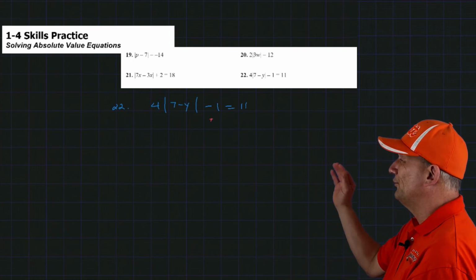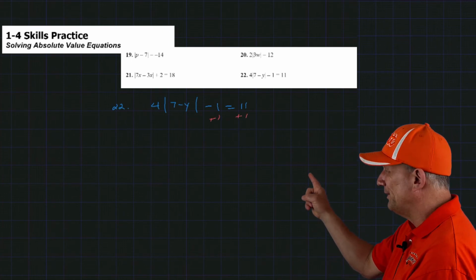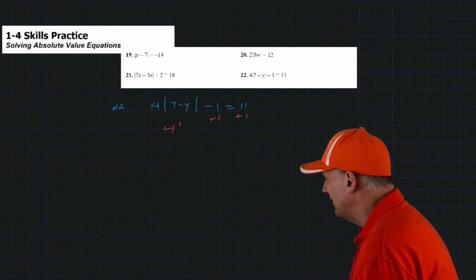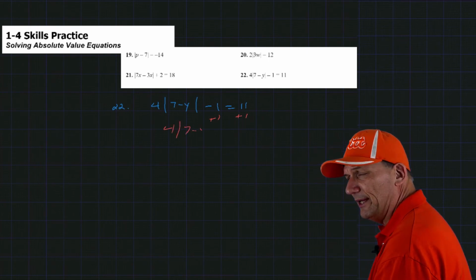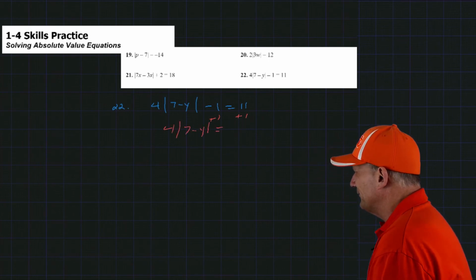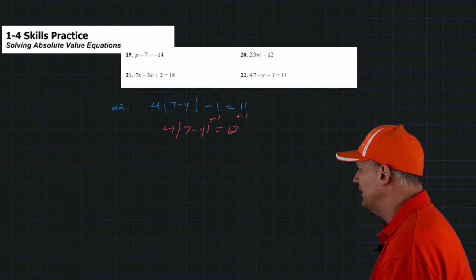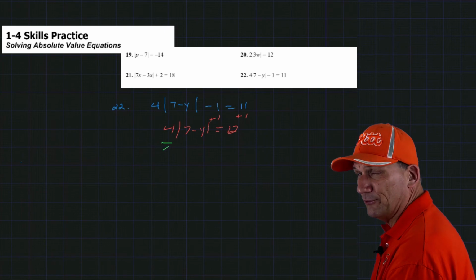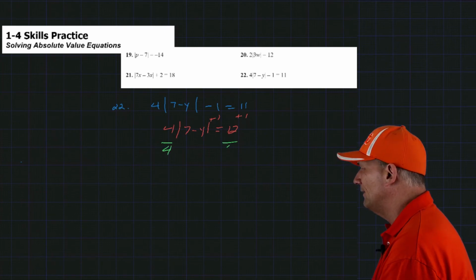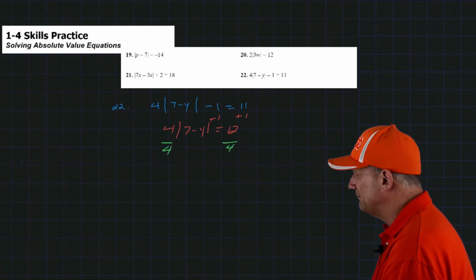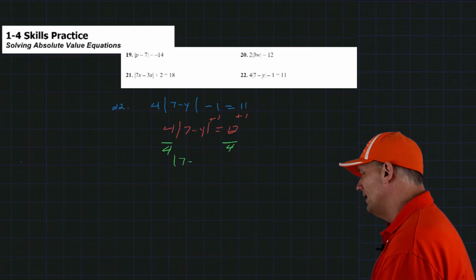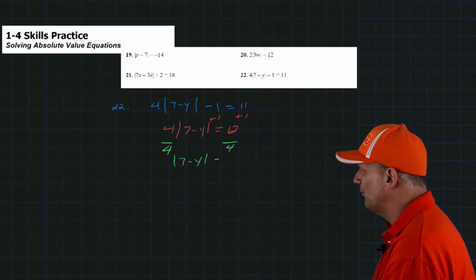So you have to do 2 steps here before you can write this twice to start solving. The first thing we always want to do is any addition or subtraction. So let's add 1 to both sides. Doing the inverse, we get 4 times the absolute value of 7 minus y equals 12. Now, we have to get rid of the 4 before we can start solving. So we divide both sides by 4, and that's important.